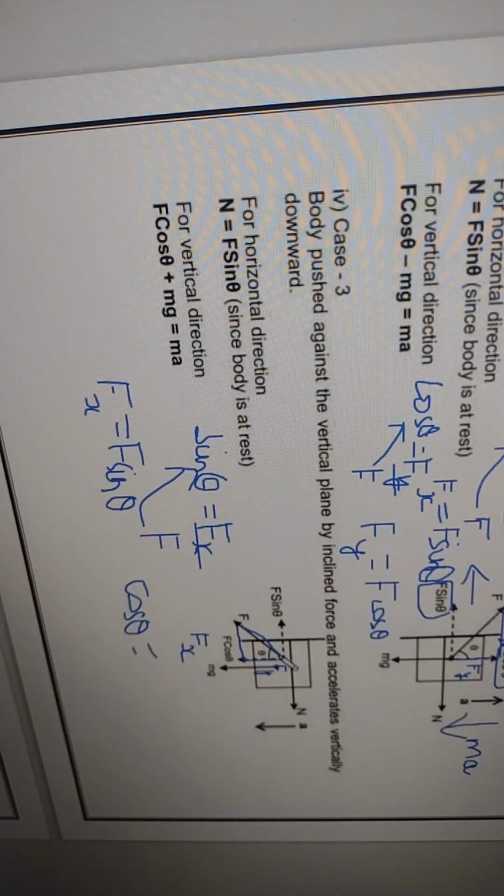This is the base, F of y, divided by F. So F of y is equal to F cos theta.